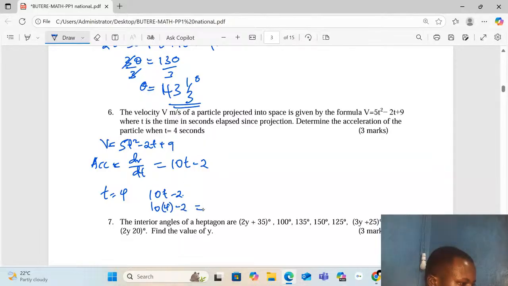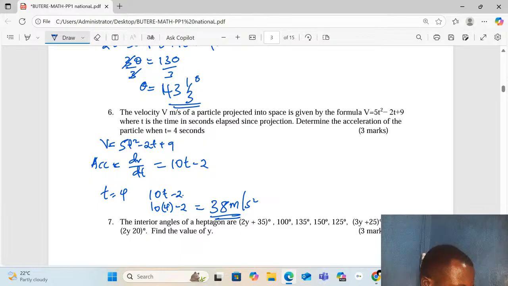Now that one is 40 minus 2, and therefore you get 38 meters per second. That's simple. You replace t with 4, then you get 38 meters per second.